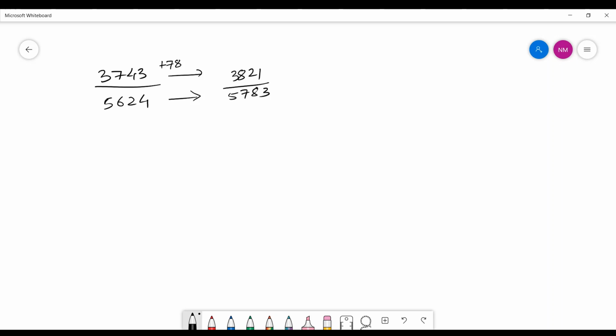Similarly, in this case, 5624 to 5783. I can add 100 to it, which will make it 5724. Then I need another 60 to make it 5784. But since I need 5783, I'll add another 59. So it is an increase of 159.